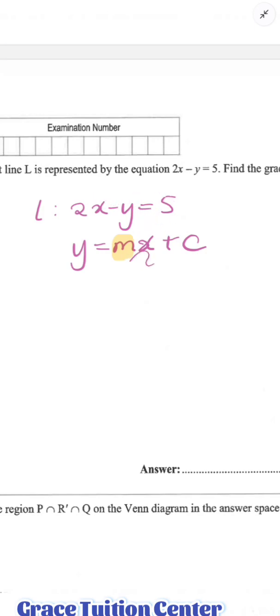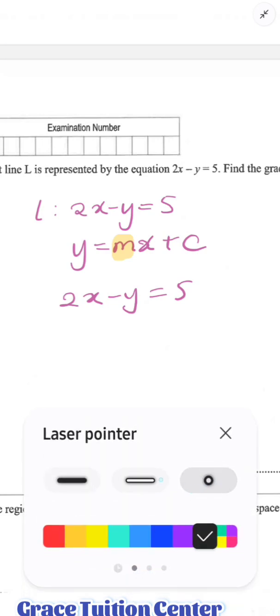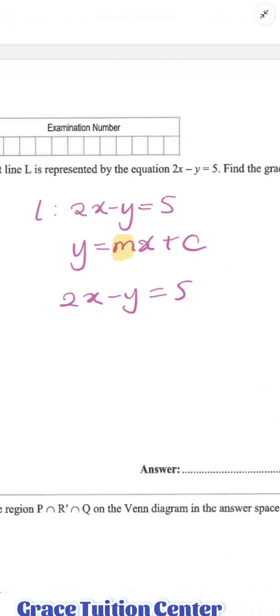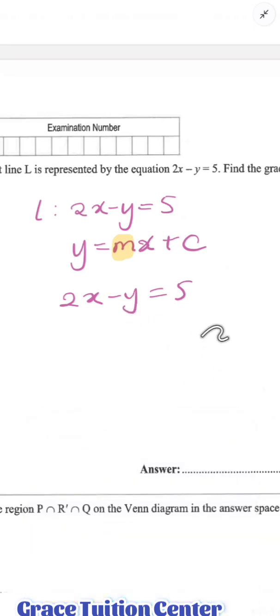So let's go ahead and rearrange this expression. We have 2x minus y equals 5. The best thing to do here is move this negative y to the other side, and this 5 to the other side, because this will enable you to have y on one side of the equal sign.